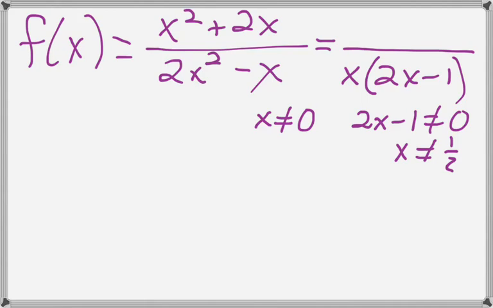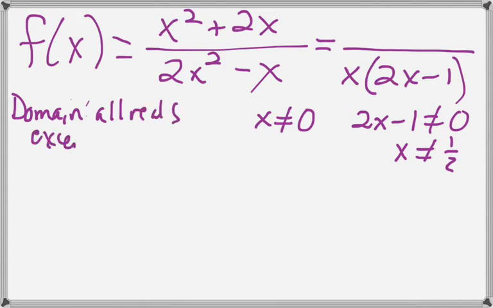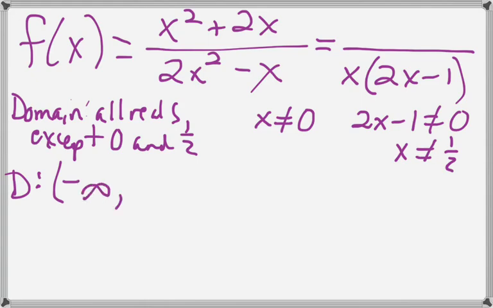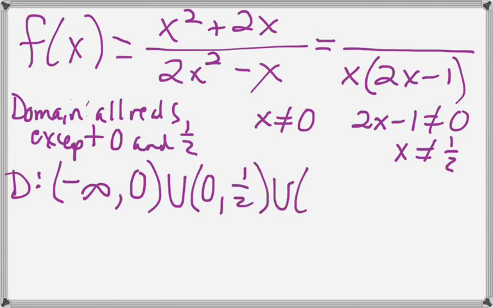So the domain here is all reals except 0 and 1/2. Those are the only two values that have to be excluded. So in interval notation, we would say we can include everything less than 0, everything between 0 and 1/2, and everything greater than 1/2.